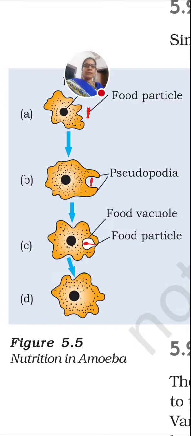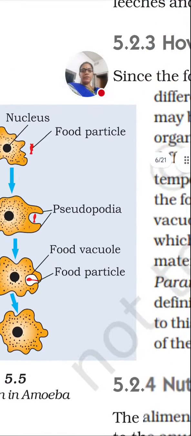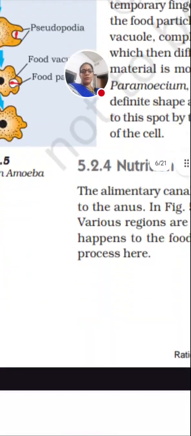Both of them benefit each other. So we have the holozoic mode of nutrition, parasitic mode, symbiotic nutrition, and the last one, like fungus, the saprophytic mode, where they get their food from dead and decaying organisms. That is the saprophytic mode of nutrition. That also you need to revise. So here we completed the types of nutrition.